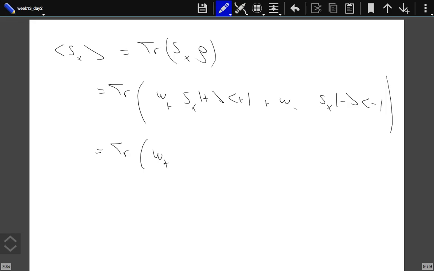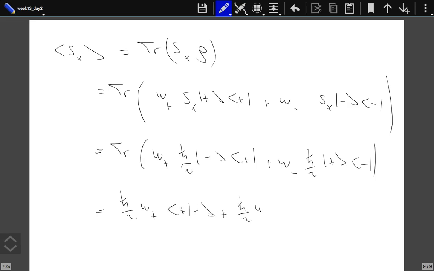Sx acting on the plus ket gives h bar over 2 times the minus ket, and Sx acting on the minus ket gives h bar over 2 times the plus ket. So this is h bar over 2 omega plus times minus-plus, plus h bar over 2 omega minus times plus-minus, and this is 0. There is no polarization in the x direction.